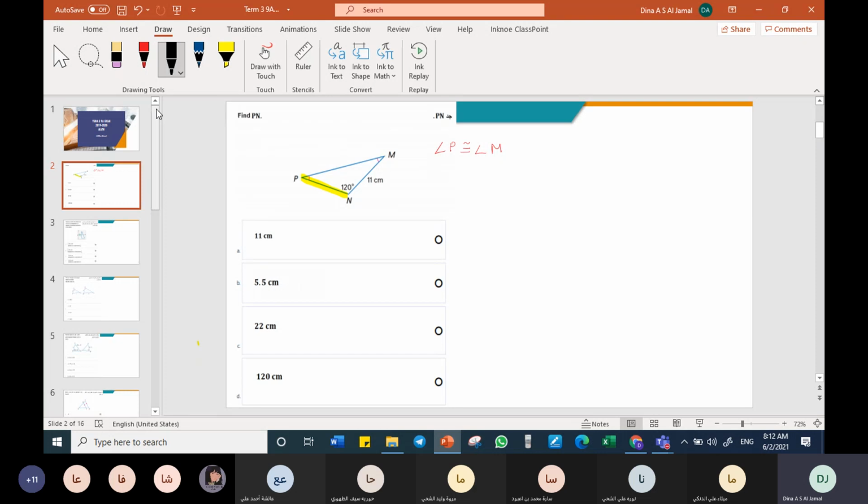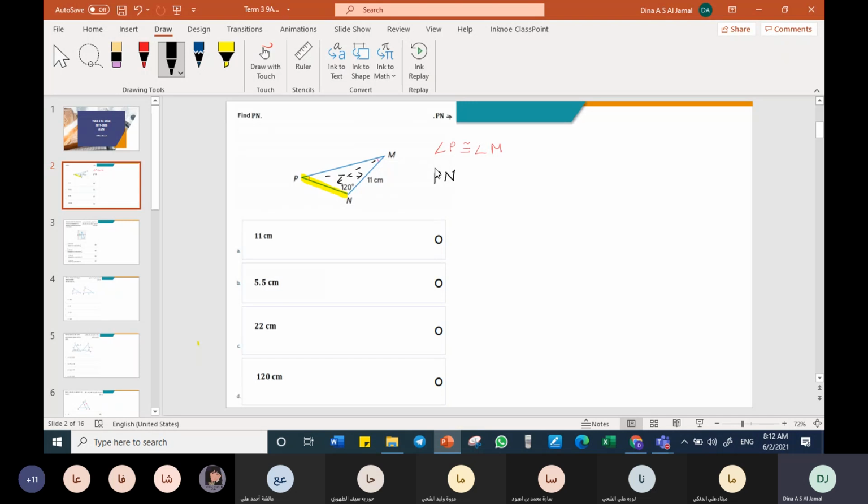So we can understand from the converse of the isosceles theorem that whenever you have two congruent angles, the sides opposite to each angle are also congruent.